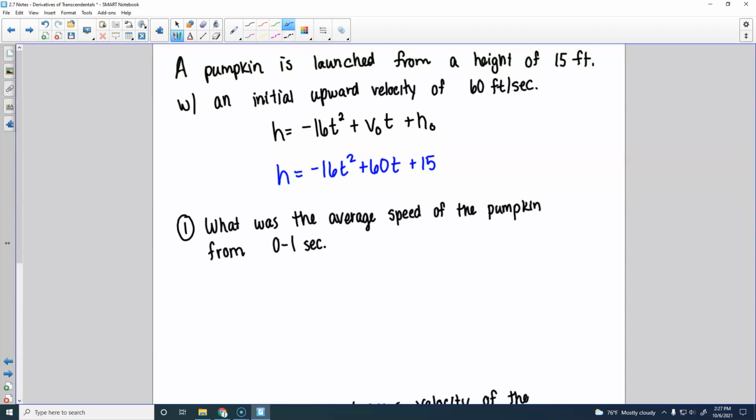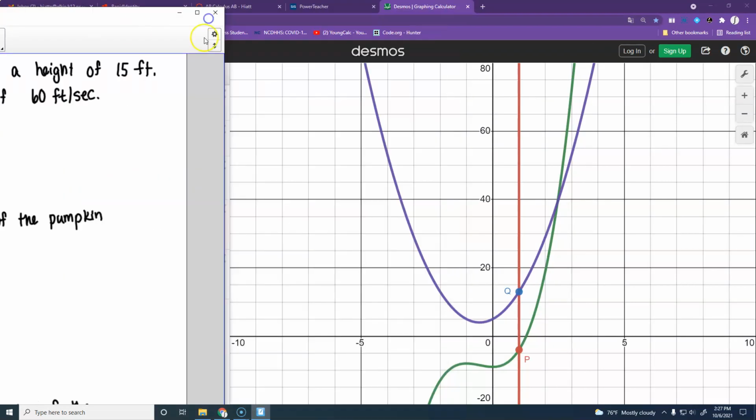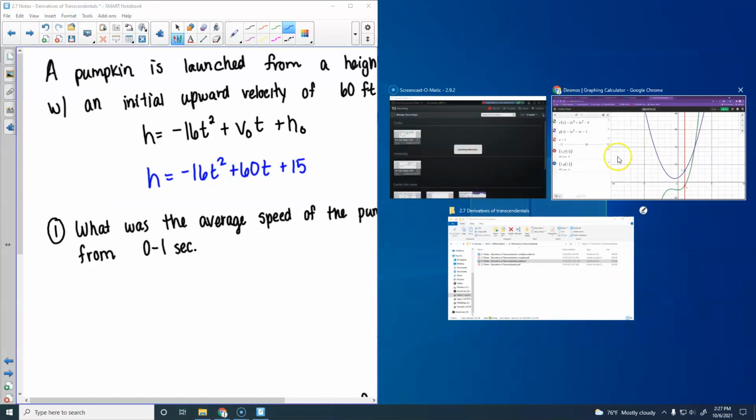All right. So, the first thing asks us what is the average speed of the pumpkin from 0 to 1. So, I like to plug in 0, plug in 1.